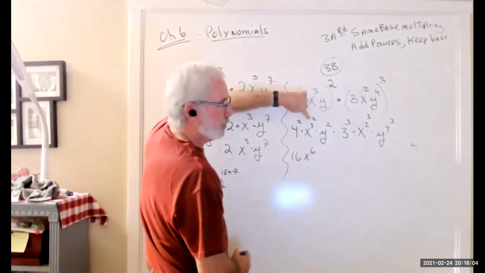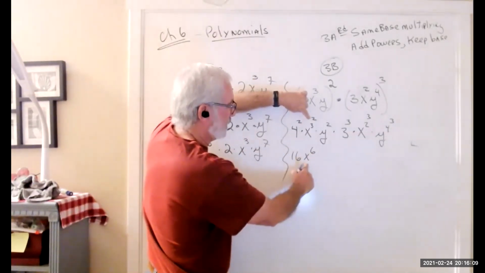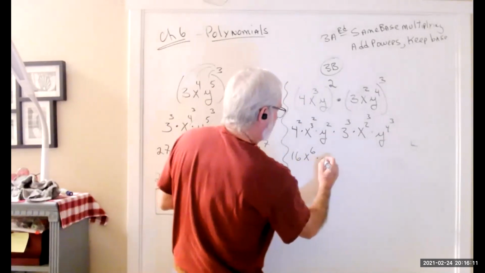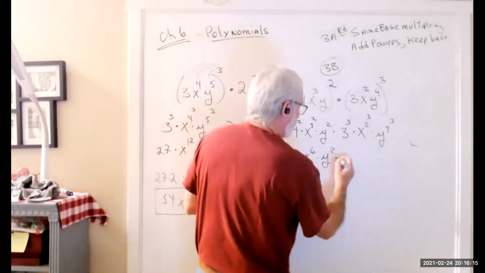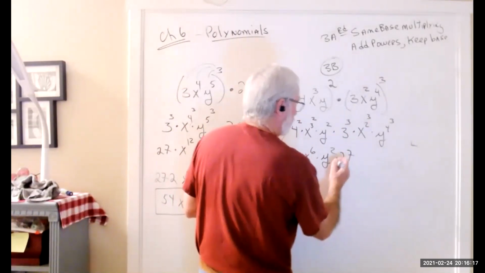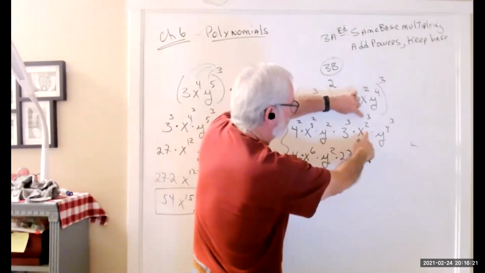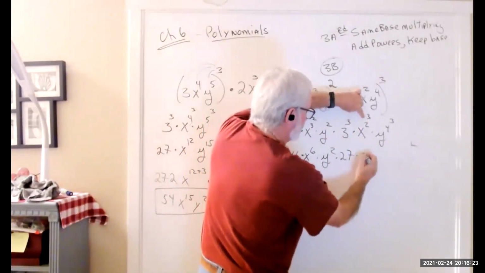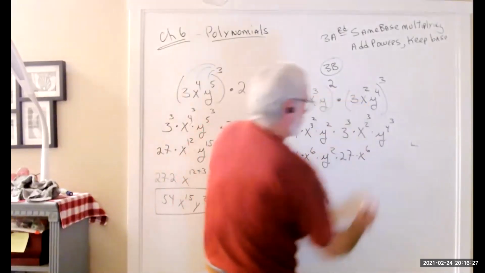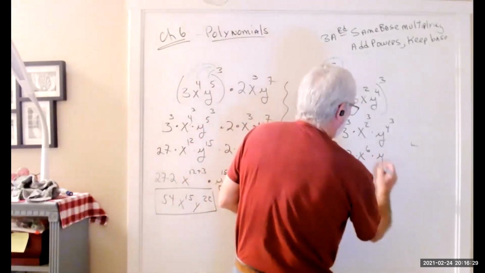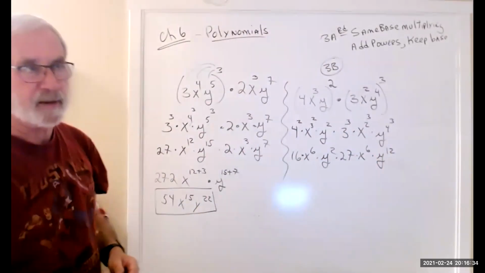You multiply the powers, but keep the base. The y to the second stays here. 3 to the third is 27. Power raised to a power, you multiply. This is x to the 6th again, and this will become y to the 12th. That would be my next step.